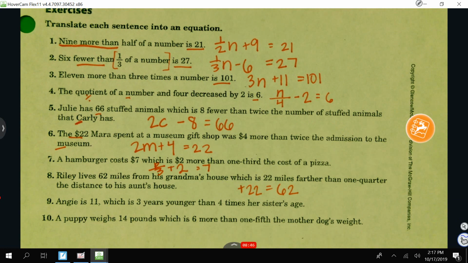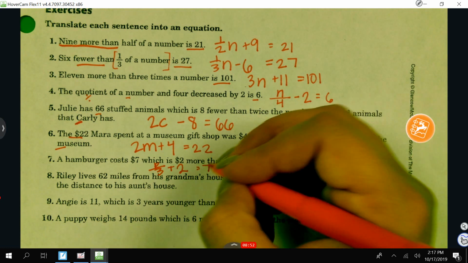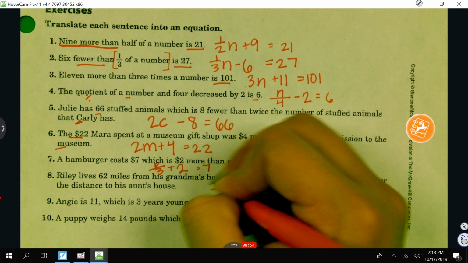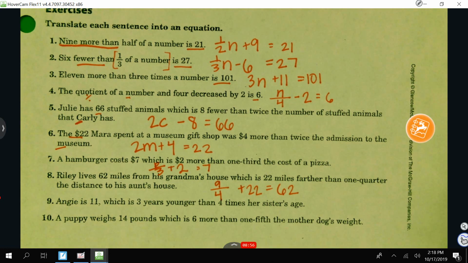And then you can put the variable over 4, A divided by 4. We can use A for aunt, right? I could also do 1/4 A, or I could use a decimal. What would 1/4 be as a decimal? 0.25. Like a quarter is 25 cents, so that could be 0.25 A as well.